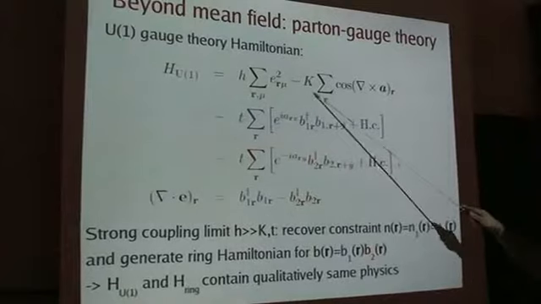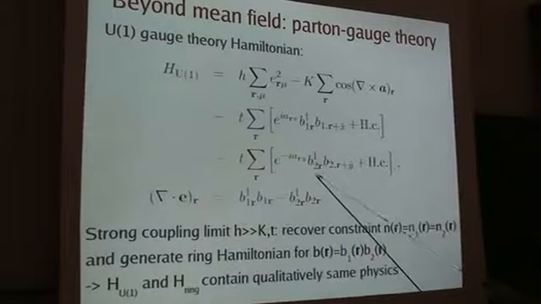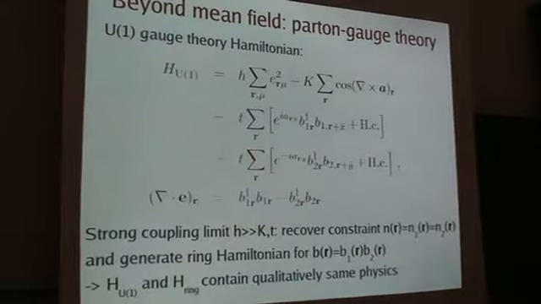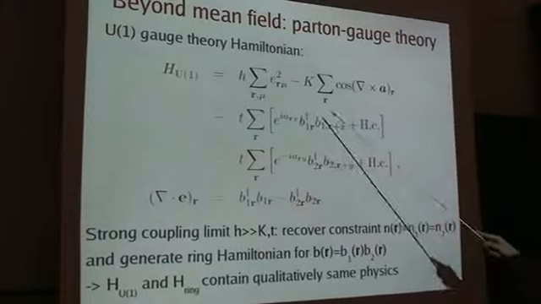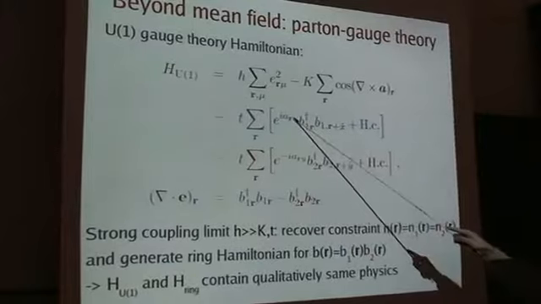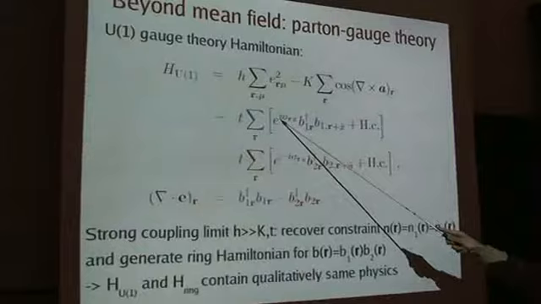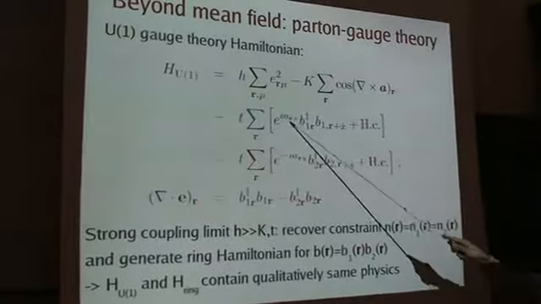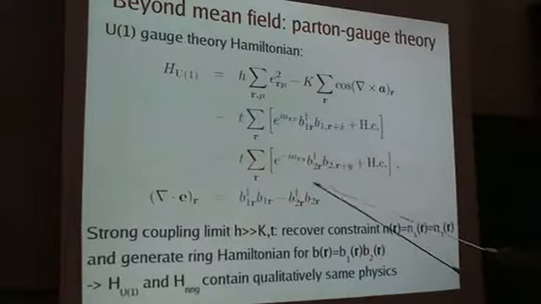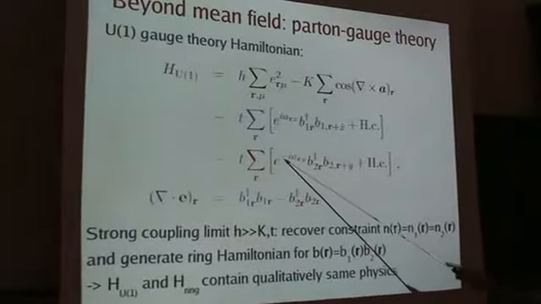This is a model where I have two species of particles, B1 and B2, and some gauge field residing on the links of the lattice. And these two species carry opposite gauge charge with respect to this gauge field. So one species hops only in the x direction and is coupled to Ax with plus charge. The other species hops only in the y direction and is coupled to Ay with minus charge.